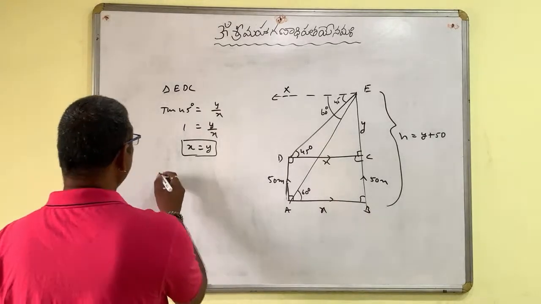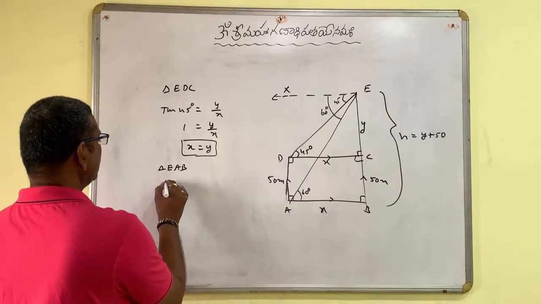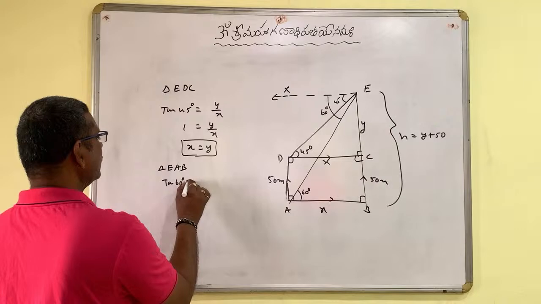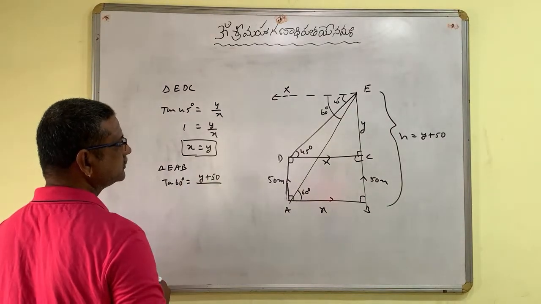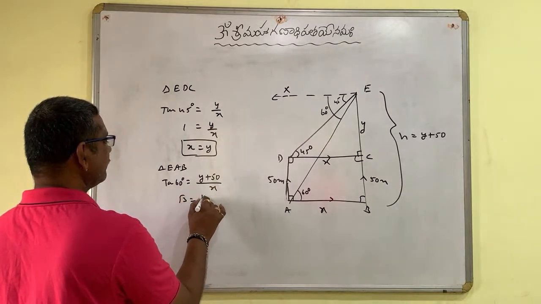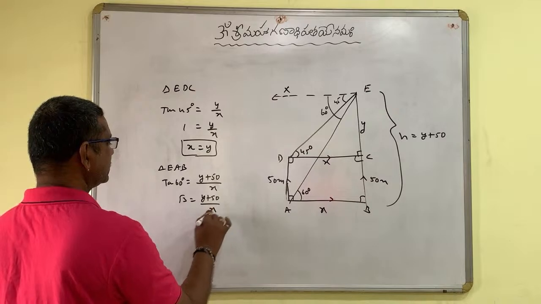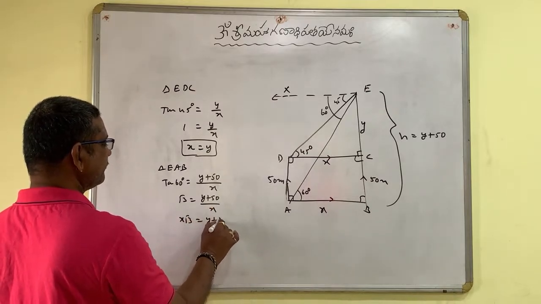Now consider the second triangle EAB. Tan 60 is equal to (y plus 50) by x. We know tan 60 is root 3, so x root 3 is equal to y plus 50.